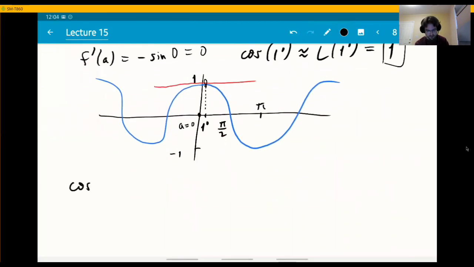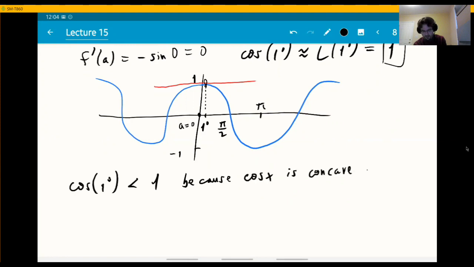Cosine of 1 degree is a little bit smaller than 1, which is the linear approximation, because the function cosine is concave down around this number 0.